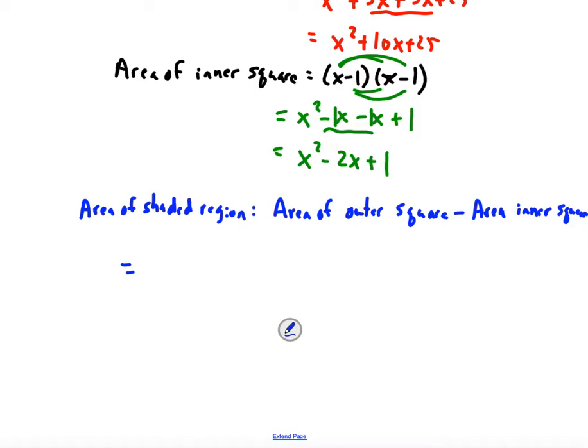So area of outer square there is x squared plus 10x plus 25. And then we're supposed to subtract off each of the pieces of the area of the inner square.